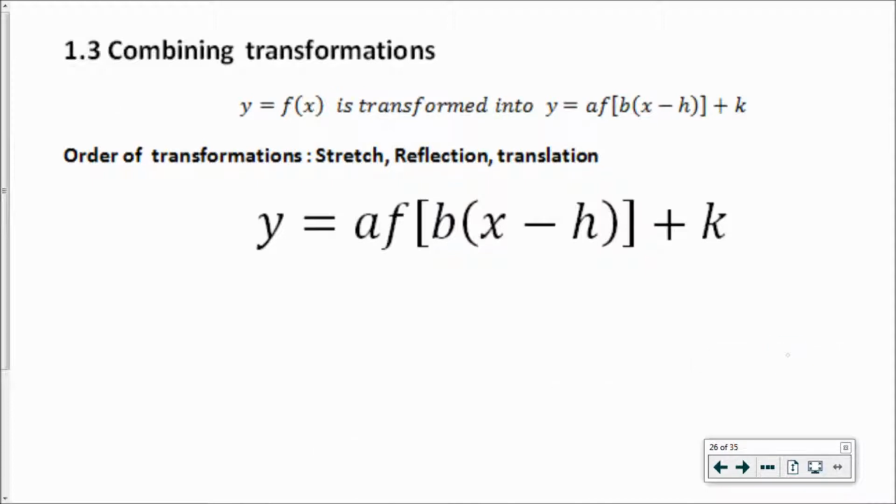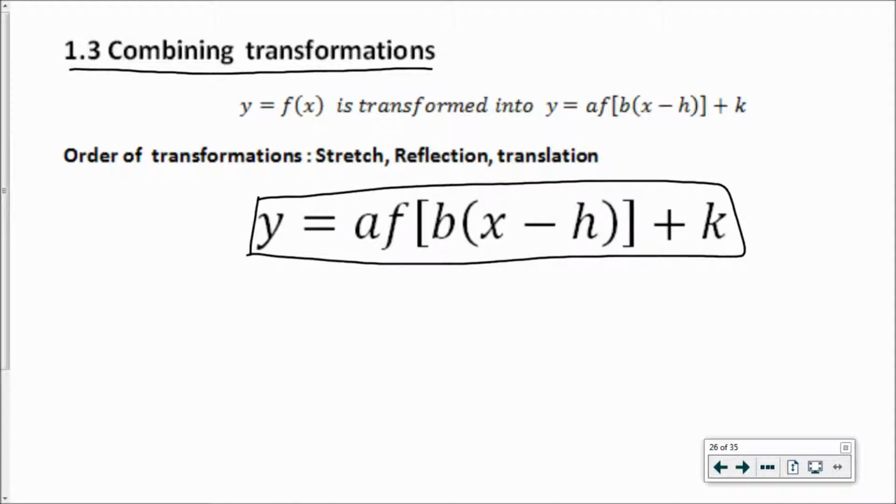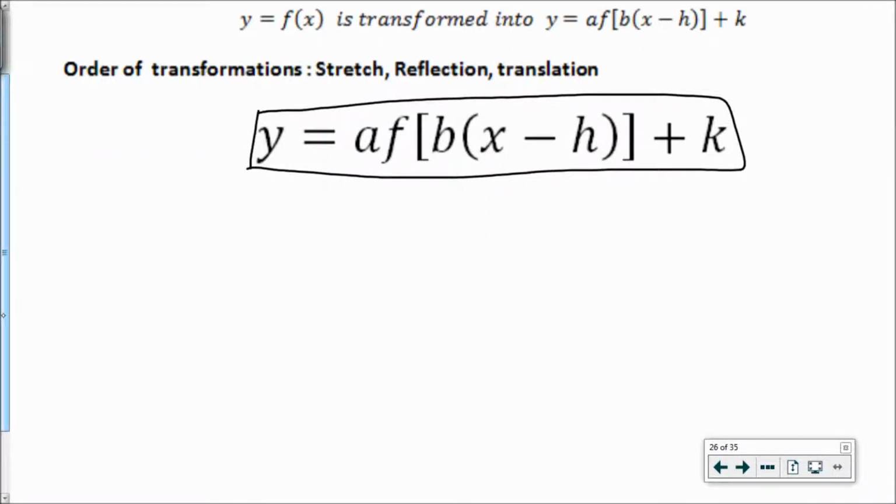Okay, this is a lesson on section 1.3, combining transformations. And we remember that we have the equation of the transformation, y equals a f of b times (x minus h) plus k. So just starting with a reminder of what each of these things are.